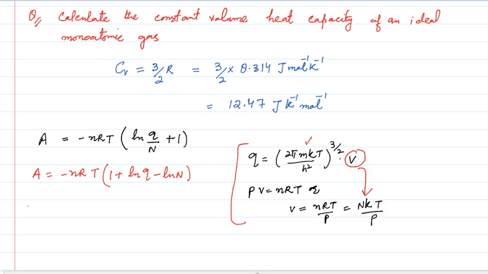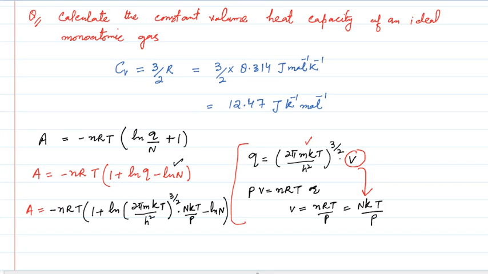So A will be equal to minus nRT, 1 plus ln of 2 pi m kT upon h square raised power 3 by 2, and in place of volume we will simply write NkT upon P. Okay, and minus this ln N. So this will be our equation.